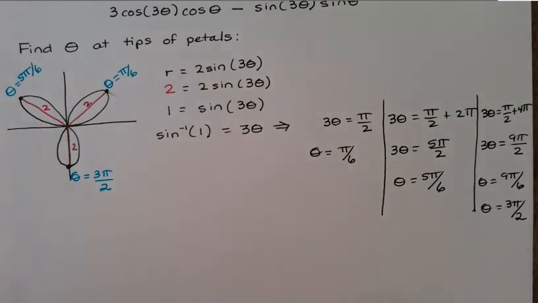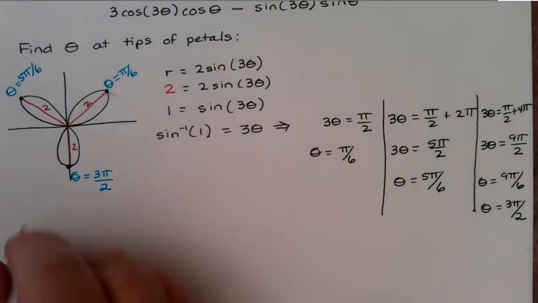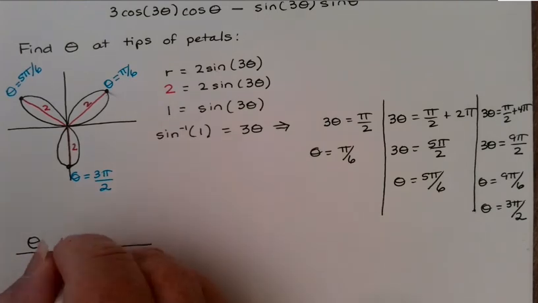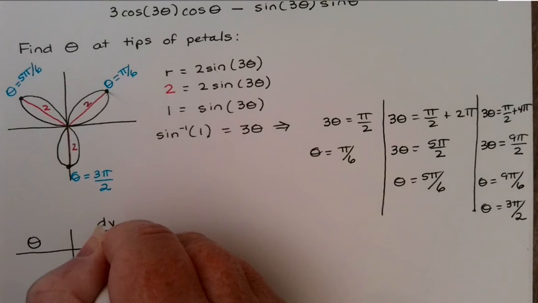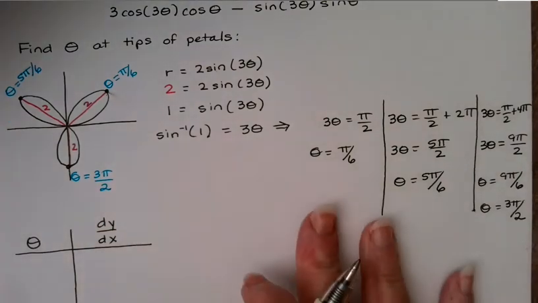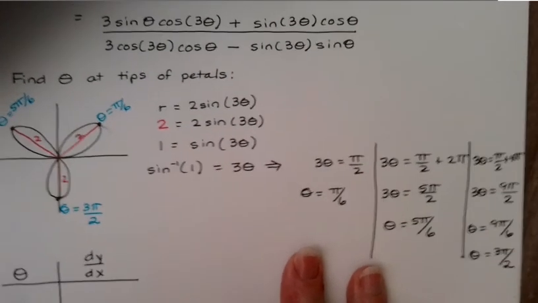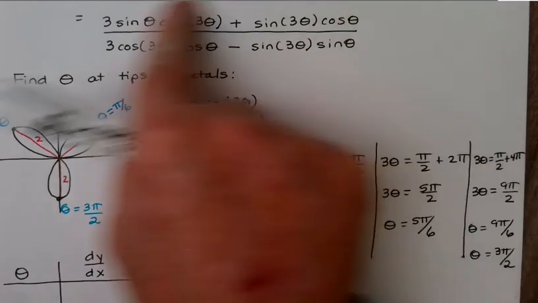All right. Now I need the slopes at each of those points. So for each of these theta values, let's calculate dy dx using, of course, this beautiful formula that we came up with up here.